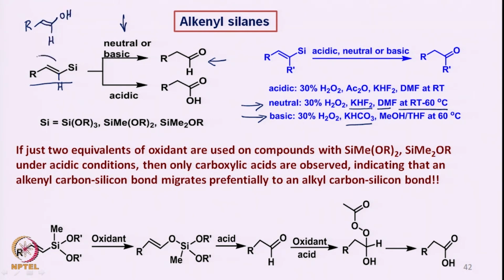So this total alkenyl group is transferred to the oxygen, and then of course you get an OH, which is nothing but an enol, because this will come here and this will come here and it will form the corresponding aldehyde. But under acidic conditions, if one takes hydrogen peroxide, acetic anhydride, KHF2, which is now an acidic condition, one then gets the corresponding acid.